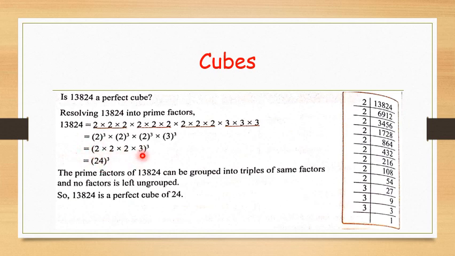Now, how can we check whether it is a perfect cube or not? We have to see whether there is any prime factor left ungrouped. There is no such prime factor, therefore it is a perfect cube. So the prime factors of 13824 can be grouped into triples of the same factors and no factor is left ungrouped. So 13824 is a perfect cube of 24.